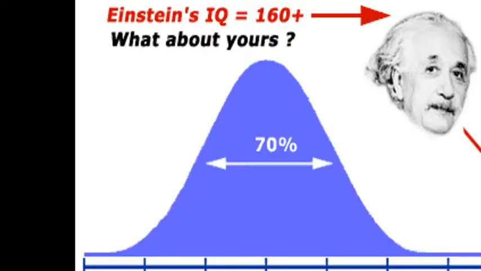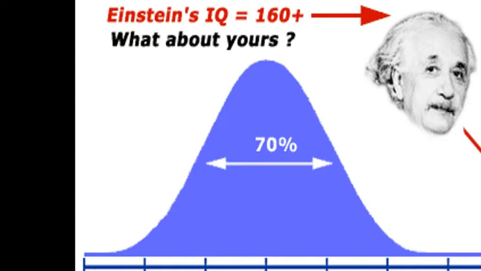So if you look over here, your distribution of IQ, you get from mentally inadequate to exceptionally gifted, and old Einstein that you've got over there is right off the chart.